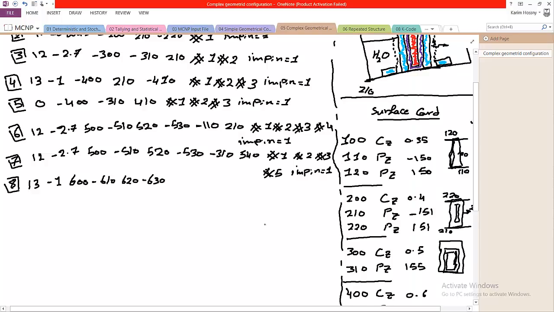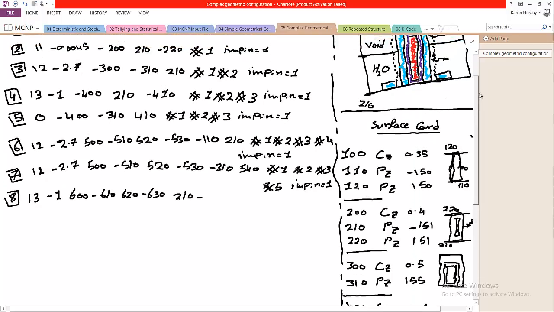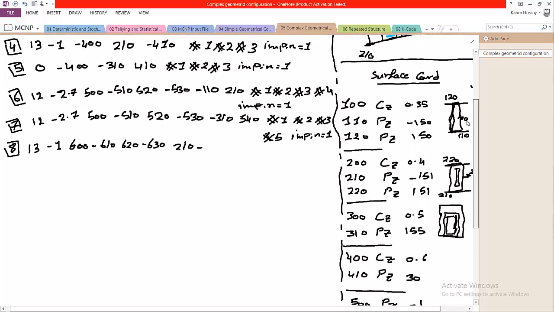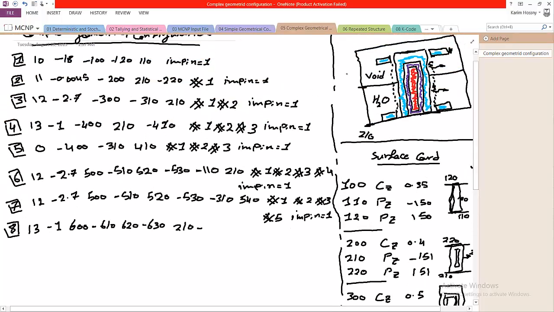It was called, yes, 210, which means in the positive direction of 210 and in the negative direction of this plane, which was called 410.